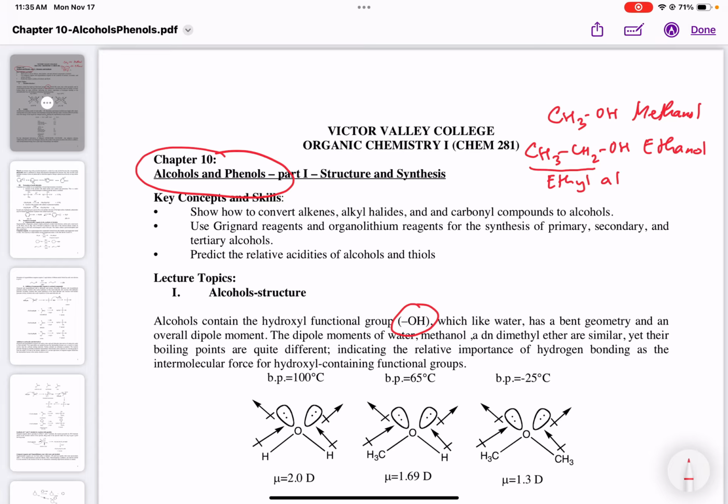You can also call it ethyl alcohol. Very cool. Or, of course, this one, methyl. Methyl is for CH3 and alcohol is OH. So it's pretty cool, right? You get the official name and you also get the nickname, or common name. Just like Robert versus Bob.